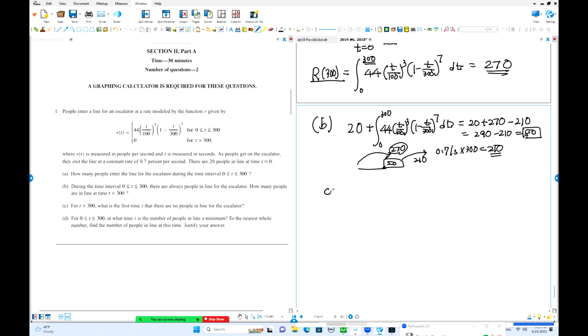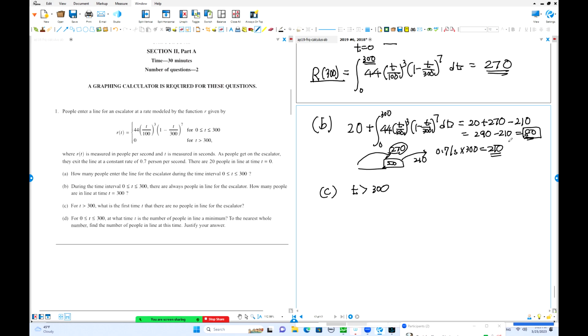If t is greater than 300, what is the first time t there are no people in line for the escalator, okay? T is 300. Up to 300, we still have 80 people there. For the first time t, there are no people in the line.